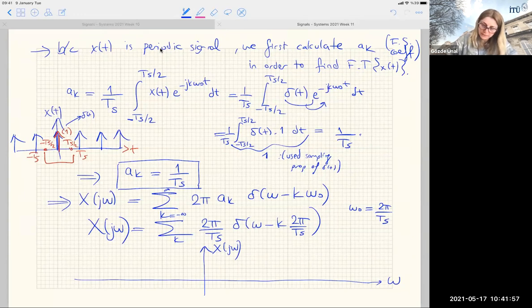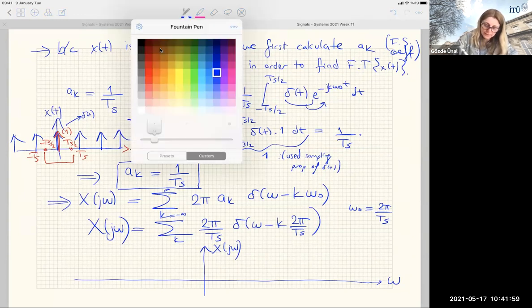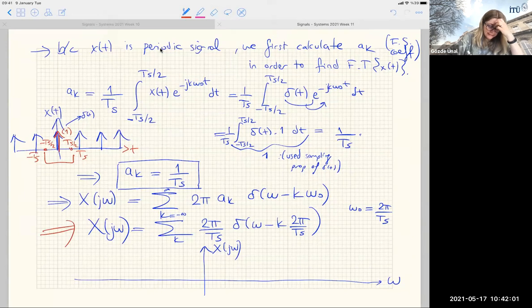Here it's important to write another impulse train, this time in the frequency domain.